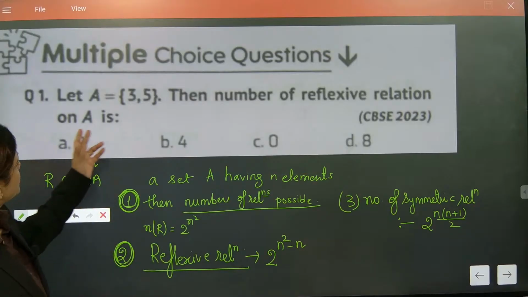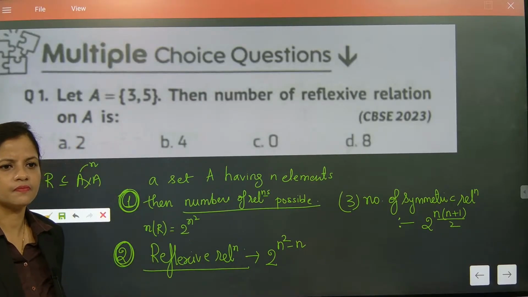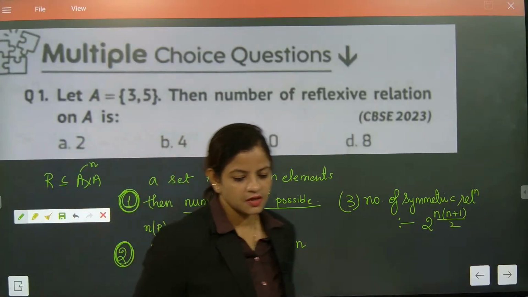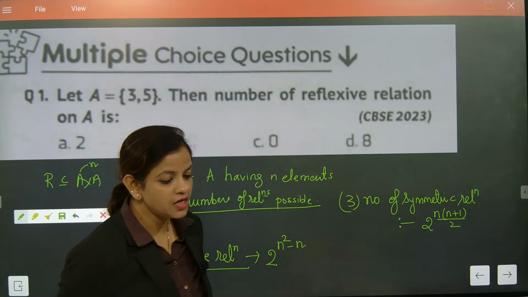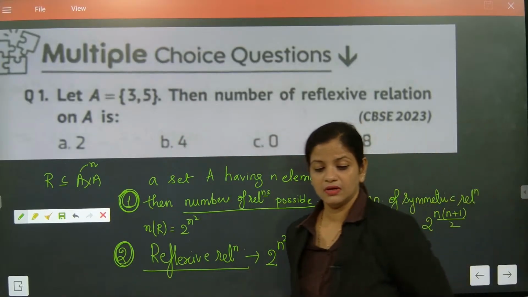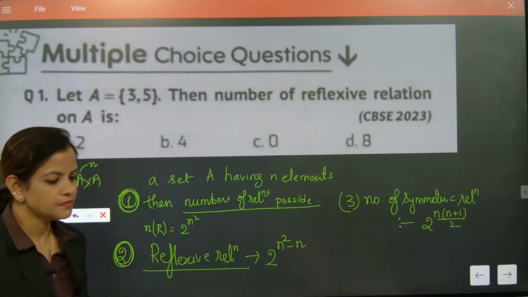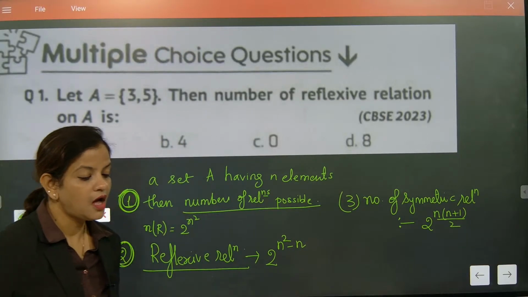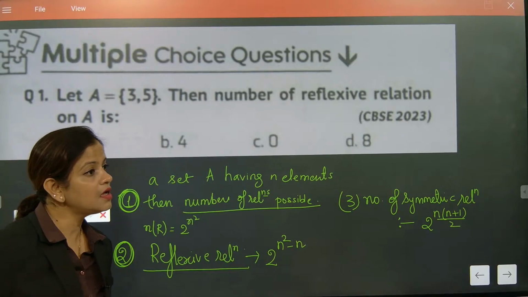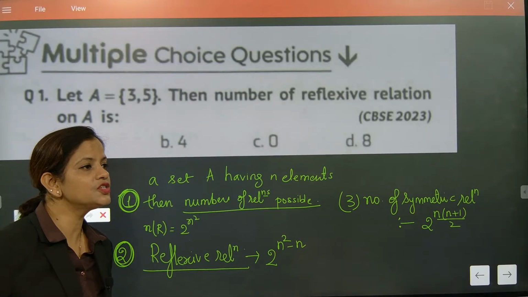Now in this question they will ask how many empty relations are possible. How many universal relations are possible? Shivaranjani, how many empty relations are possible?